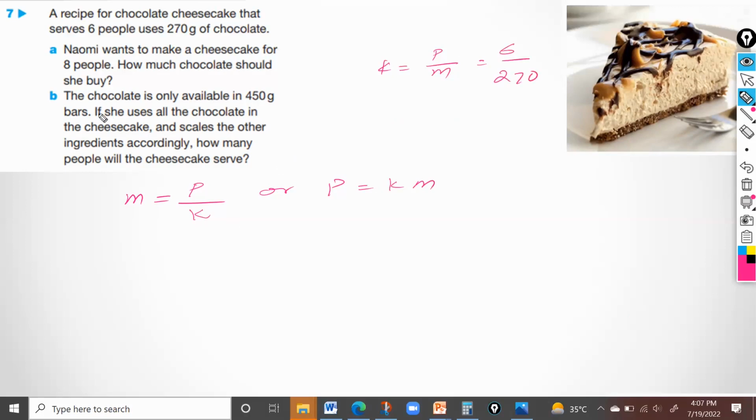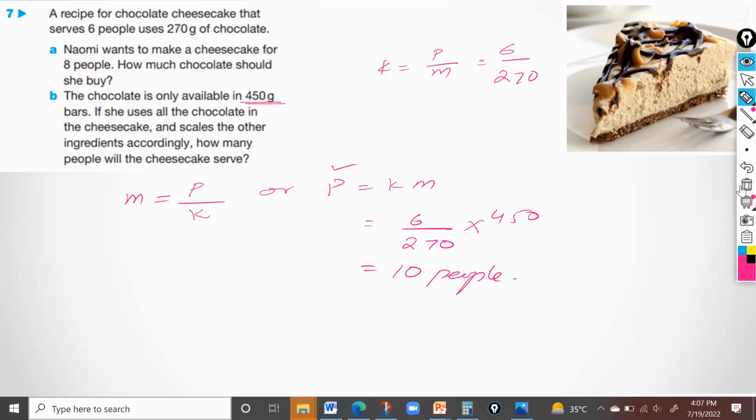Now here we need to find out chocolate is available. We know the chocolate mass and we need to find the people. So here it will be 6 upon 270 times how much mass? 450. Now we get the number of people. So that will be 10. So 10 people can eat the cake, okay, which is using 450 grams of chocolate.